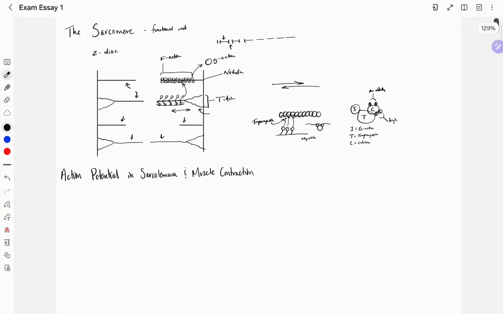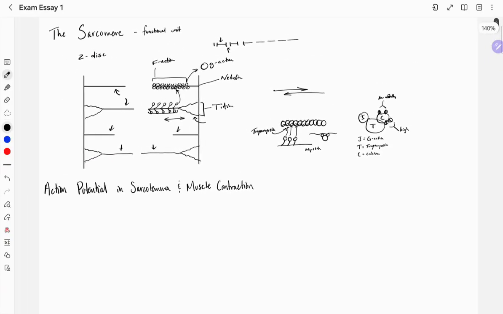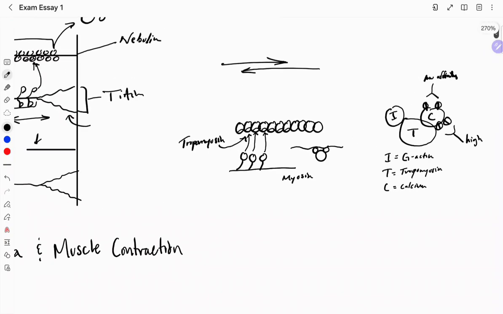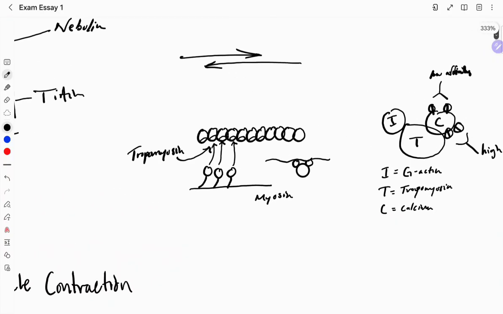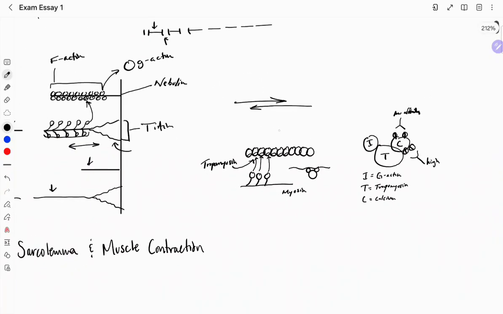Now, you might ask, well, why is any of this important? Again, keeping in mind this little ladder model, this myosin is going to bend or move this way, and it's going to pull the F-actin over itself.